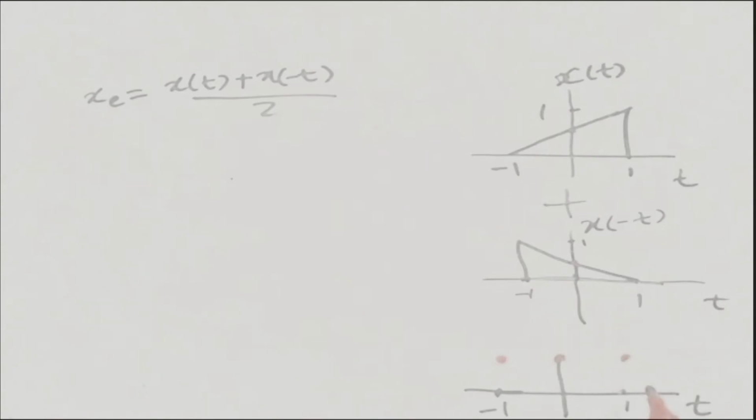So we are for sure that we are going to get these 3 points at minus 1, 0 and 1. And we can try to conclude, since we have a slope here as minus 0.5, here plus 0.5, and here minus 0.5, the slope of the line that we will be getting as a resultant after adding them will be 0, which makes the line have 0 slope and pass through this point.